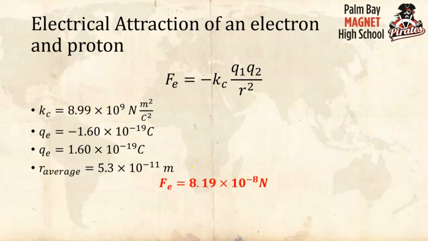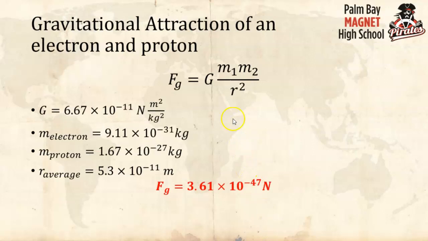If you were to think of what the gravitational attraction is between an electron and a proton in the same hydrogen atom, the mass of an electron is times 10 to the negative 31, the mass of the proton is times 10 to the negative 27. I'm multiplying it by this tiny constant. I get a tiny, tiny, tiny number.